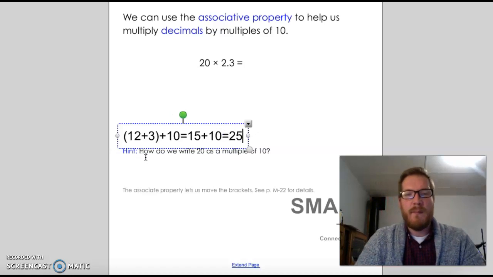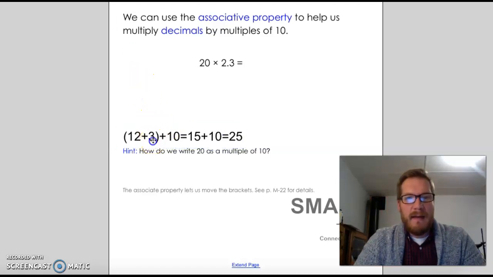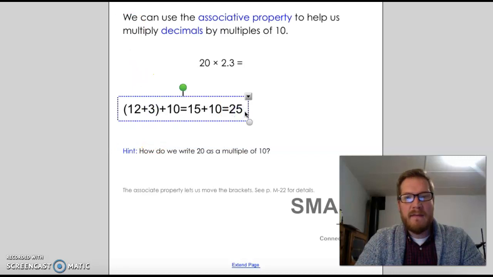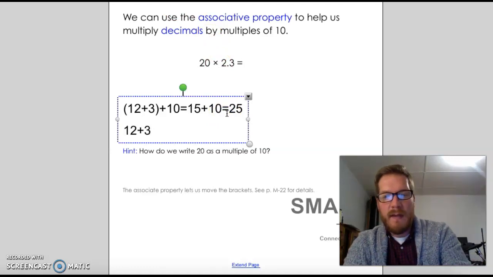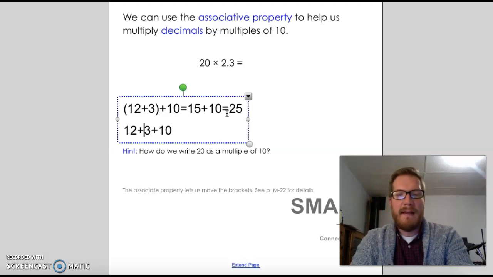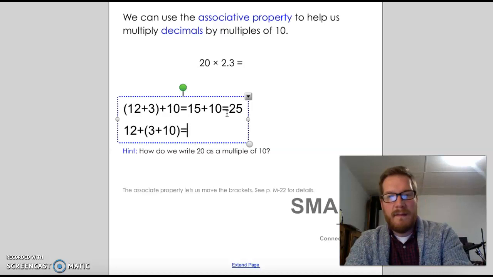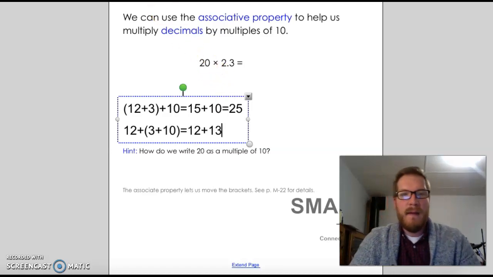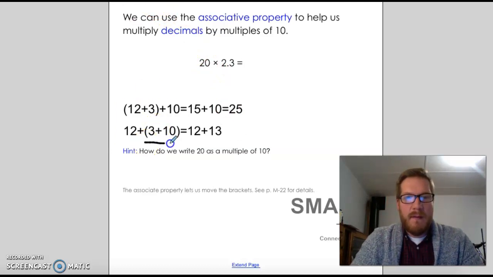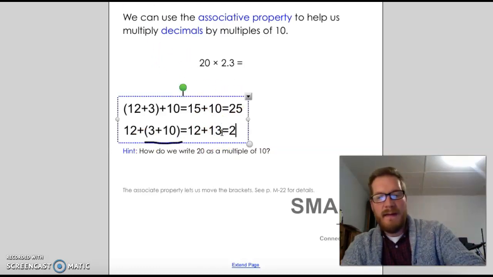Now what the associative property tells me is that I can take this question and say 12 plus 3 plus 10, and if I put the brackets here, then I still have to do what's in the brackets first. So that becomes 12 plus 13, and that still is going to be 25.